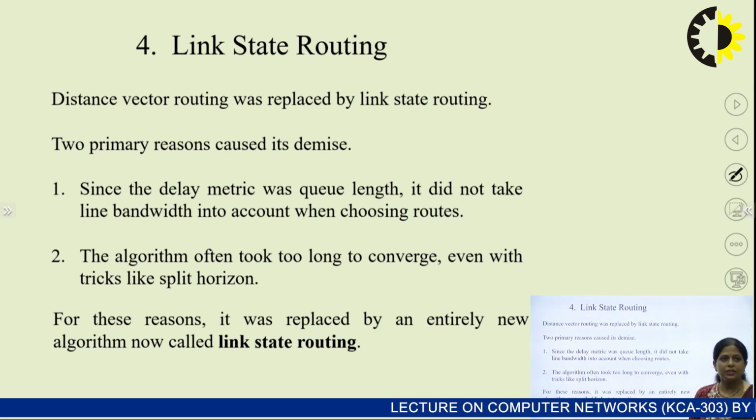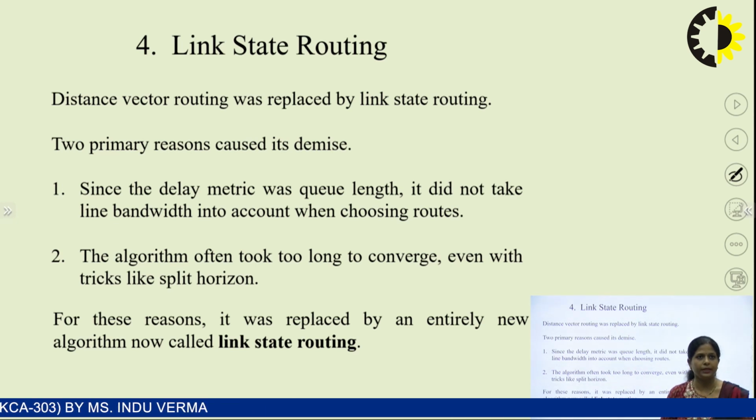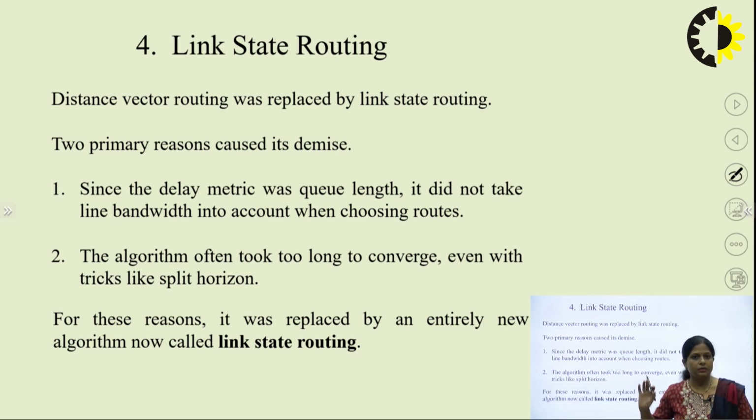So next we have the link state routing algorithm, right? We have seen few of the advantages and disadvantages in the earlier routing algorithms. Here we see the distance vector routing that was replaced by link state routing algorithms. What is the reason? Here we have two primary reasons that caused its demise.